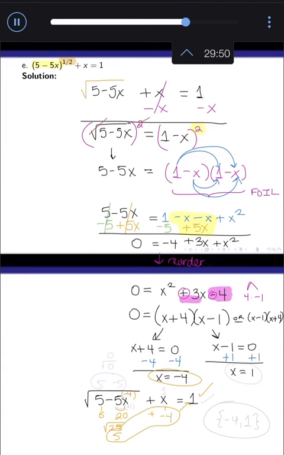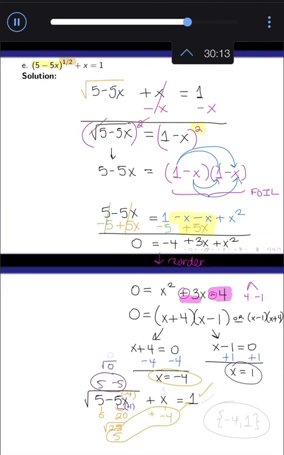Now we need to test the second solution. Now we need to test x equals 1. So we'll plug in a positive 1 for x. So we'll get negative 5 times 1, which is negative 5. Added to the 5 will give us 0.